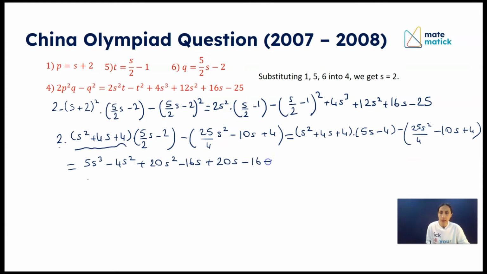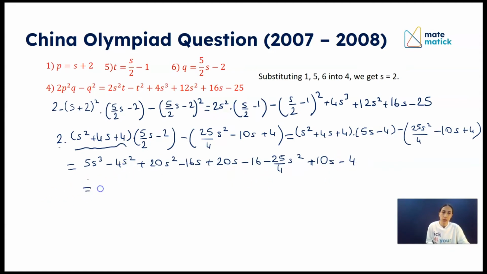Then I'm gonna just take them out from parentheses: minus 25 over 4 S squared plus 10S, and after that minus 4.